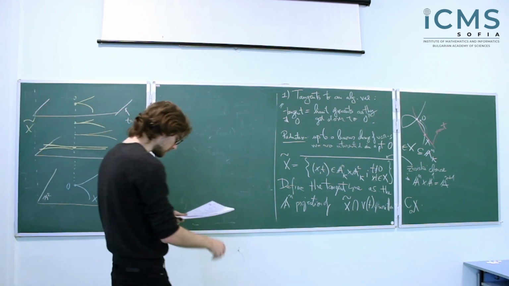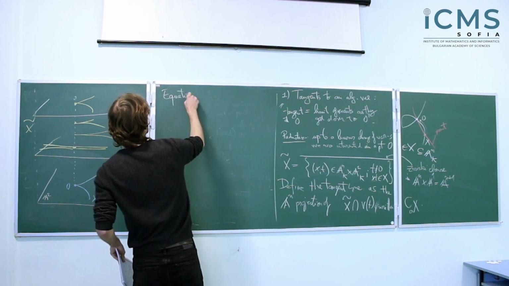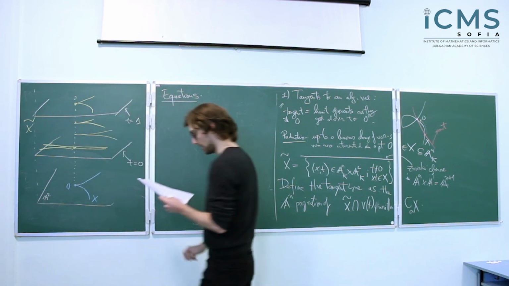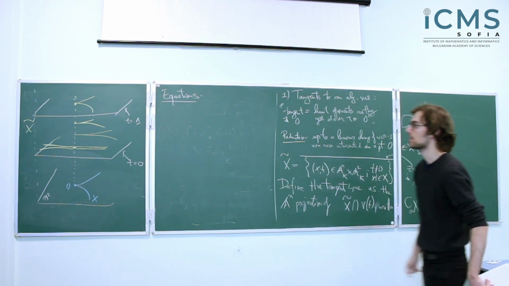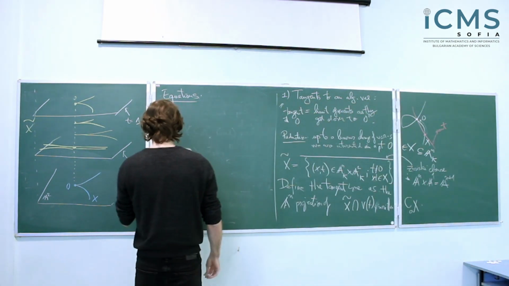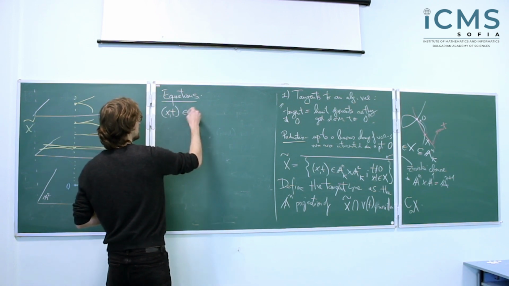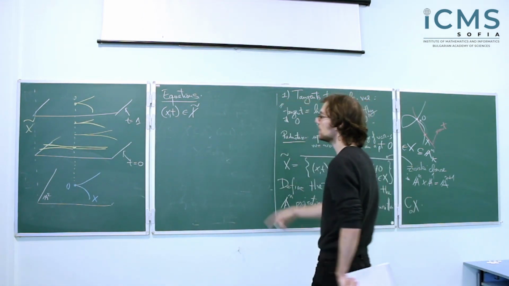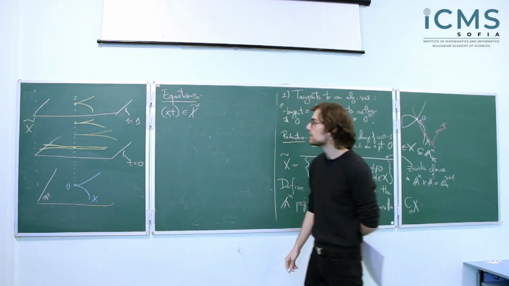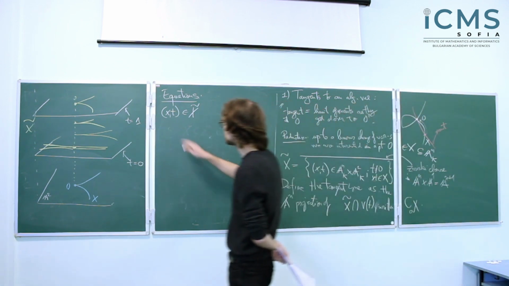Okay, but how about equations? How can I compute these things in actuality? Well, we just need to take account of this thing, right? So let's see. I take a point (x, t) and I try to see what equations this point will have to satisfy in n plus 1.